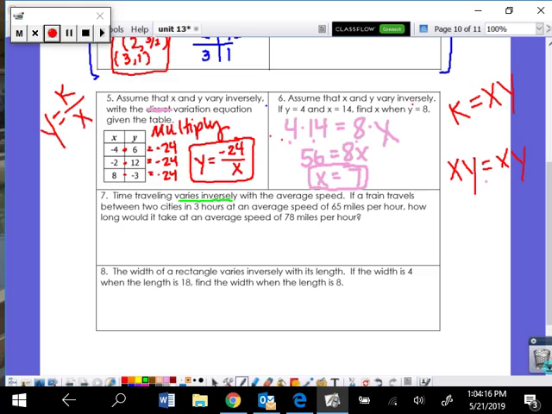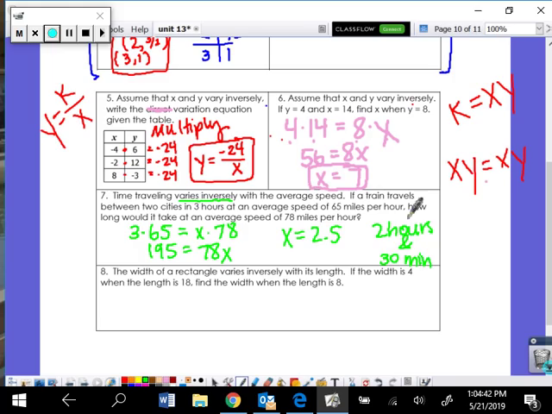So 3 times 65 equals x times 78. Well, that's 195 equals 78x. Divide both sides by 78. X equals 2.5. That's looking at hours. So that's 2 hours and 30 minutes.